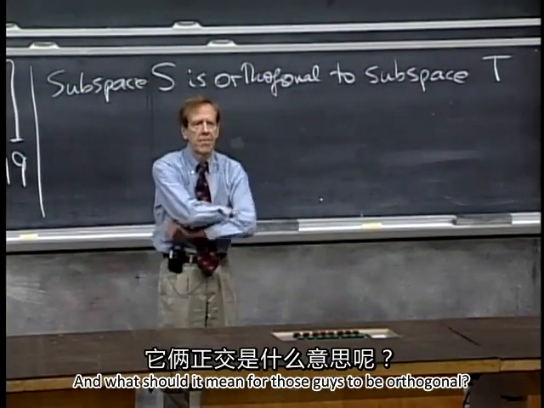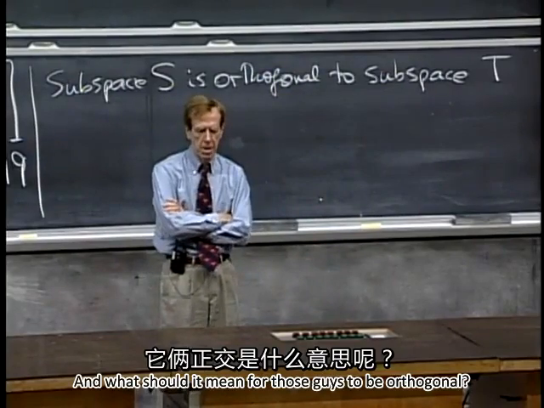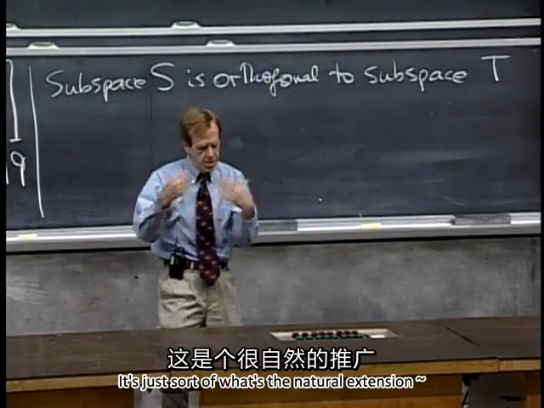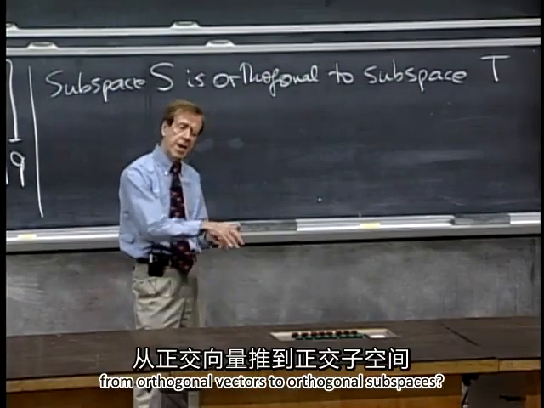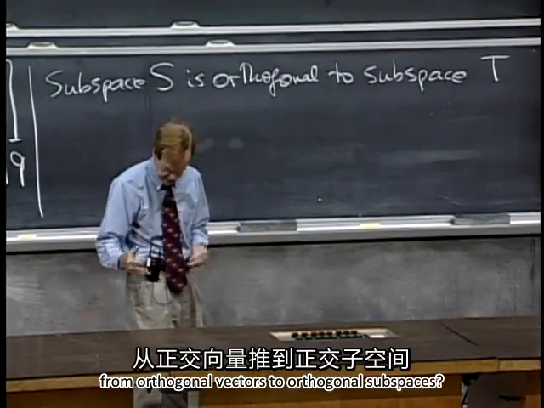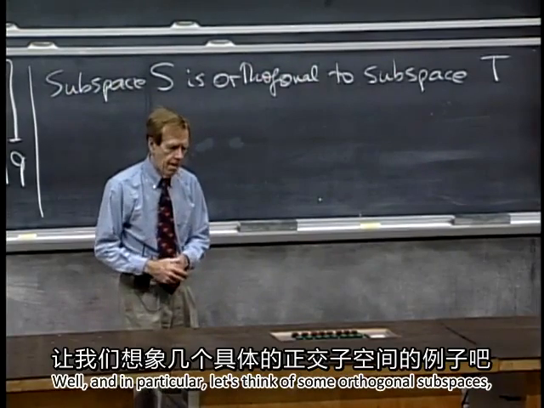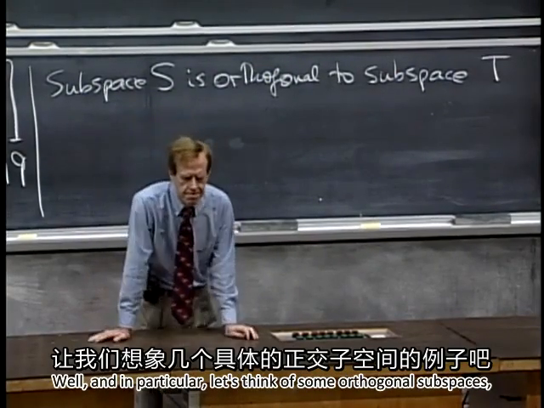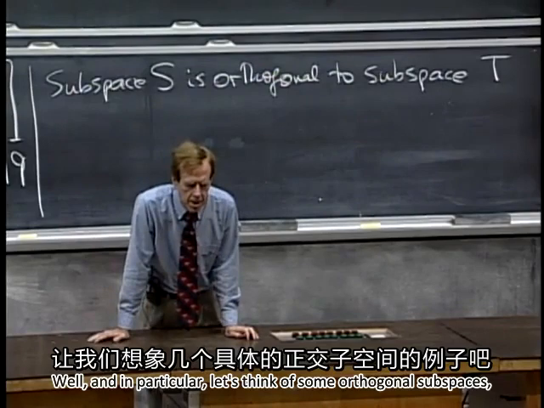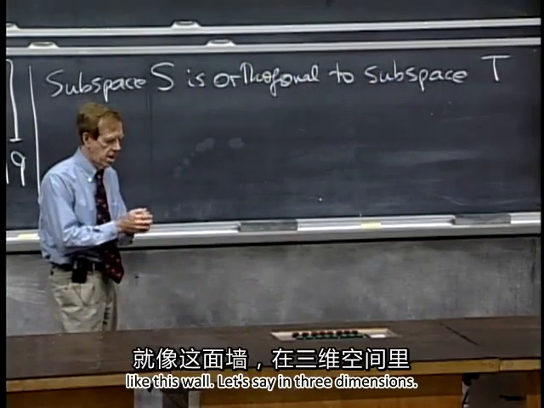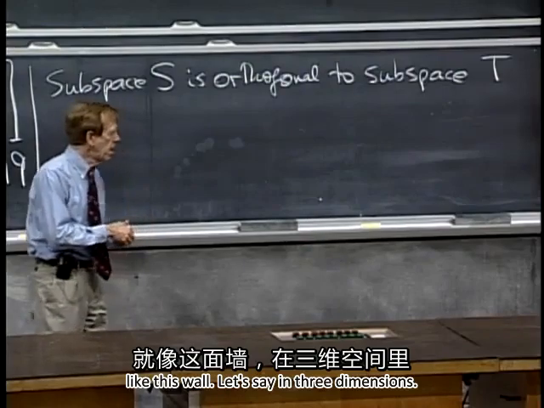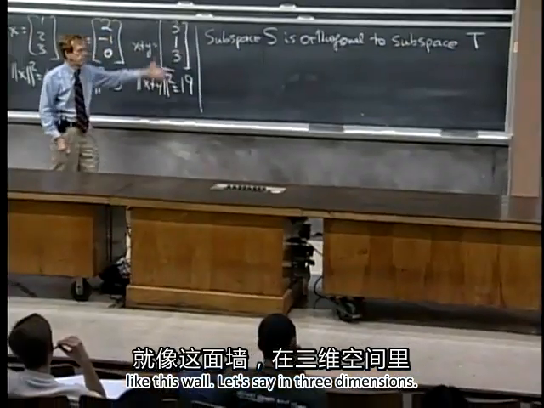And what should it mean for those guys to be orthogonal? It's just a sort of, what's the natural extension from orthogonal vectors to orthogonal subspaces? Well, in particular, let's think of some orthogonal subspaces, like this wall.